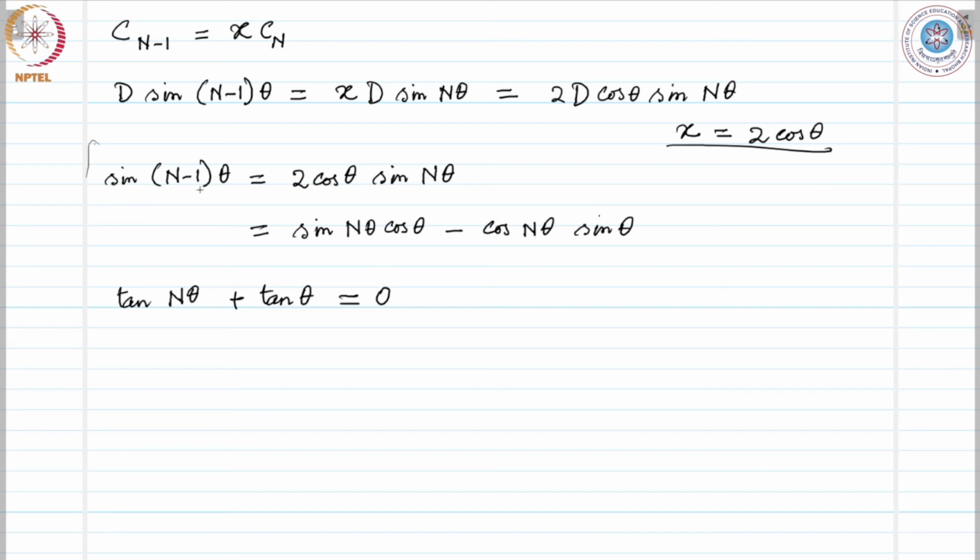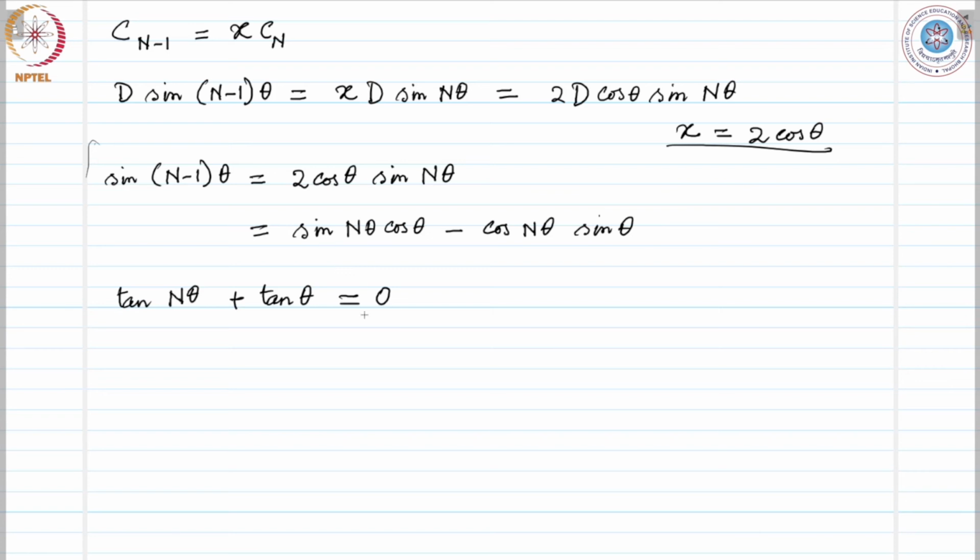So, this sine n minus 1 theta has been represented this way, and now if we divide this quantity by cosine n theta, we will get this kind of a form, and we will see that it goes to 0.